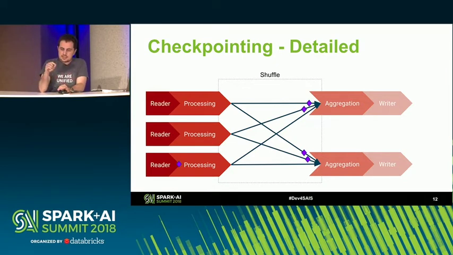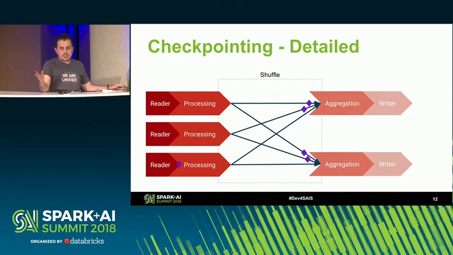But the marker doesn't finish going through and make it into the reduced task on the other side of the shuffle until all of the readers that feed into it have successfully sent the marker. So at this stage, it'll pause for what should be a short amount of time, because all of the tasks are running in parallel.